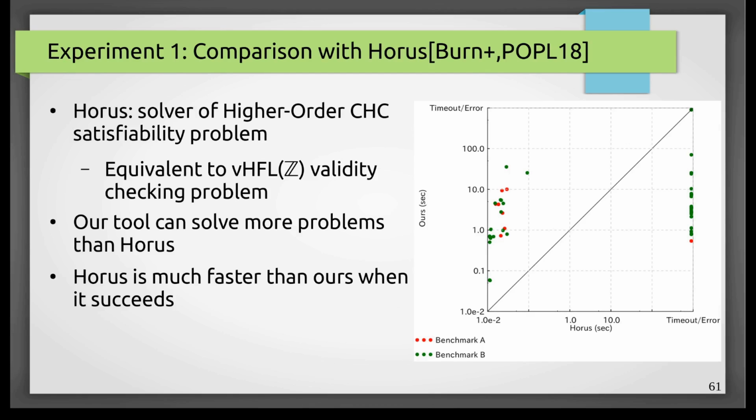Both benchmark A and B are made of program verification problems. Benchmark A is written by the author of Horus and B is written by us. The results said that our tool can solve more problems than Horus, while Horus is much faster than ours when it succeeds.